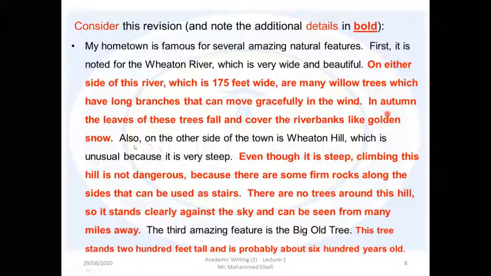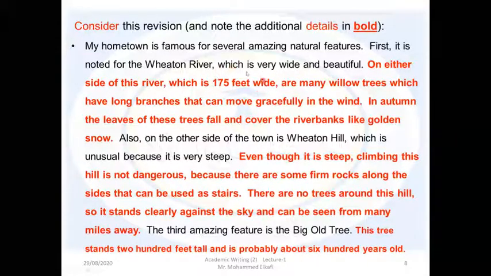In autumn, the leaves of these trees fall and cover the river banks like golden snow." So here we have a wonderful scene. He adds more details about the Wetton River. He said that one of the details included here is about what?